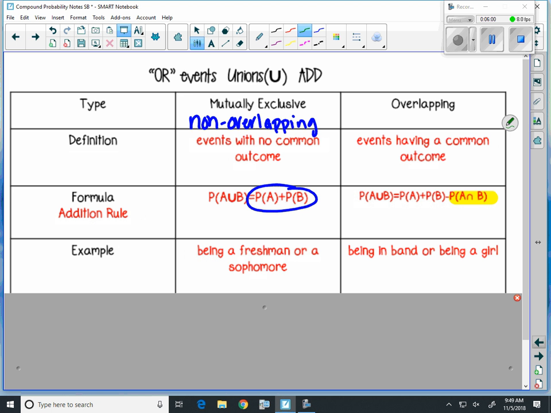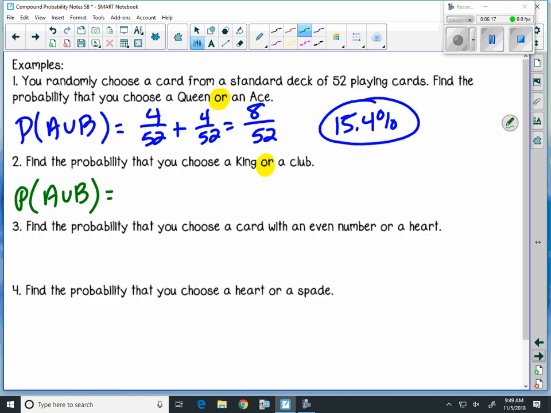So overlapping means we're going to do the same thing we did last time: probability of the first thing plus probability of the second minus the overlap part. That'll make sense in just a second. What's the probability of getting a king? 4 out of 52. What's the probability of having a club? How many clubs are in a deck? How many suits are there? 4 suits. So you do 52 divided by 4, which is 13. So 13 of the 52 cards are a club.